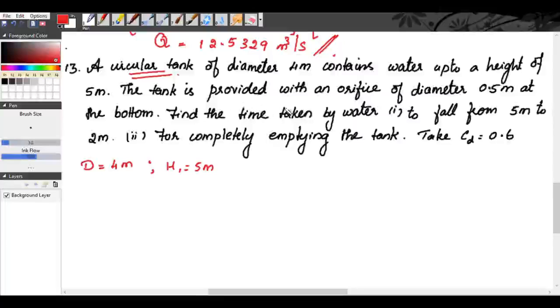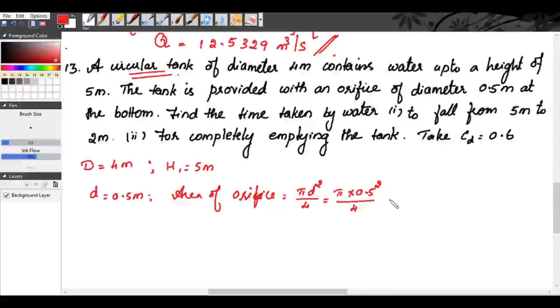The tank is provided with an orifice of diameter 0.5 meter. That means area of the orifice will be equal to pi d square by 4, pi into 0.5 square divided by 4. So area of the orifice is 0.1963 meter square.